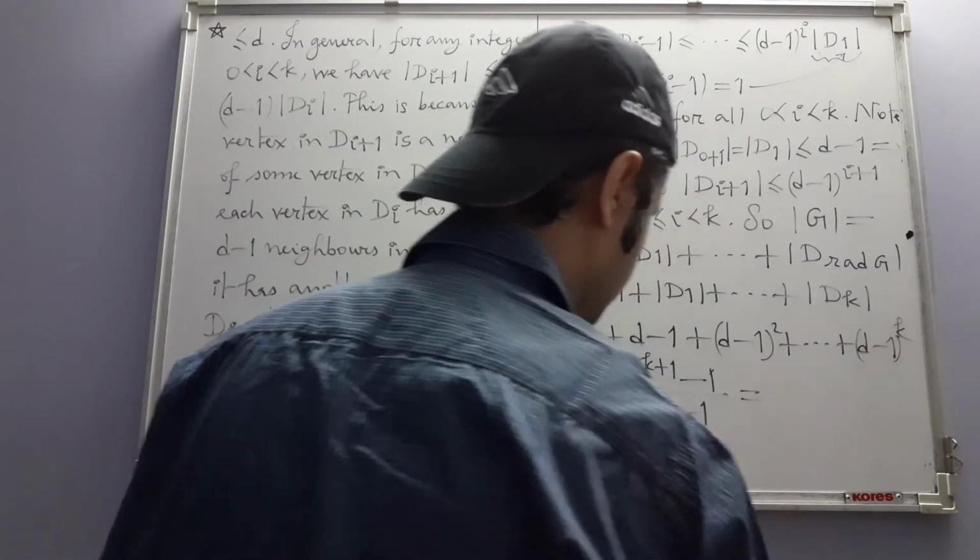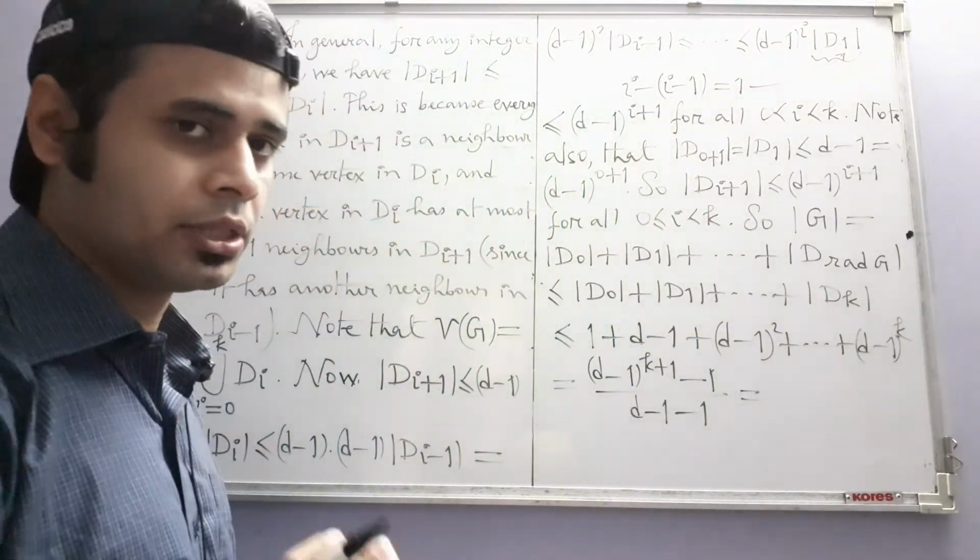So that is, we have got d minus 2 in the denominator.